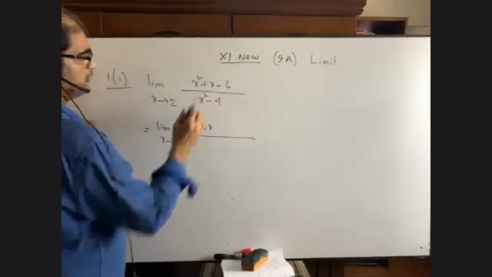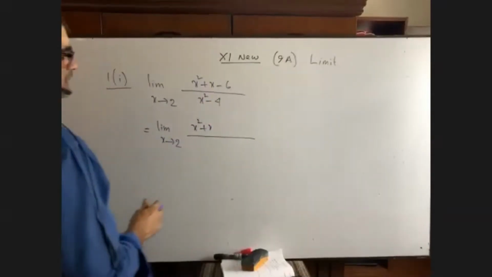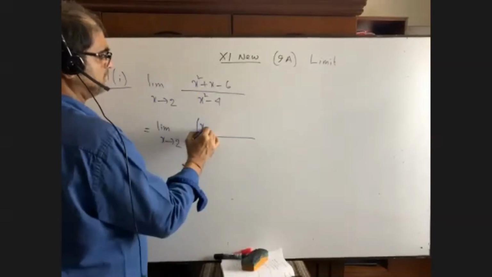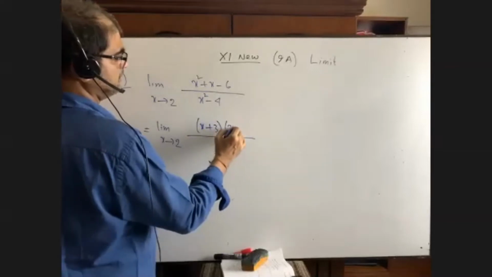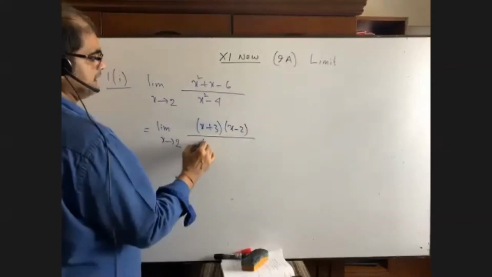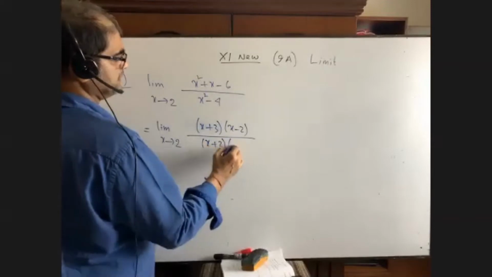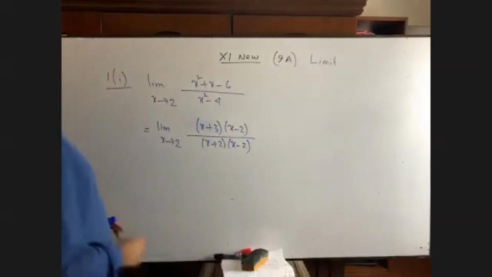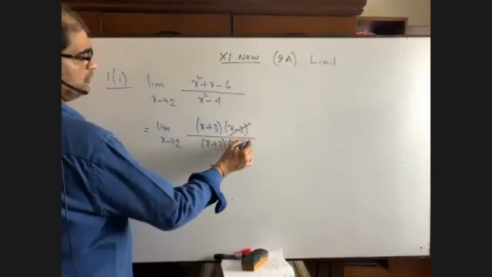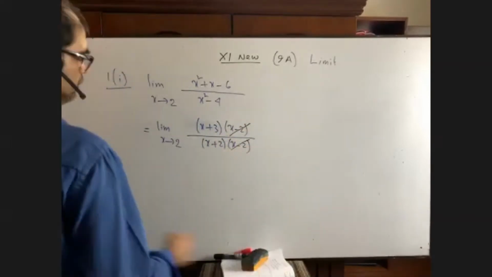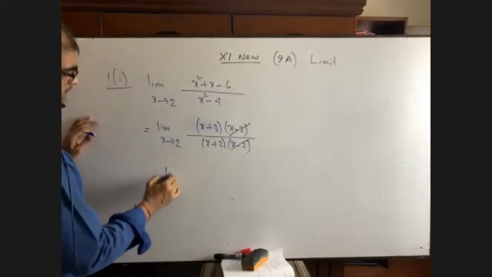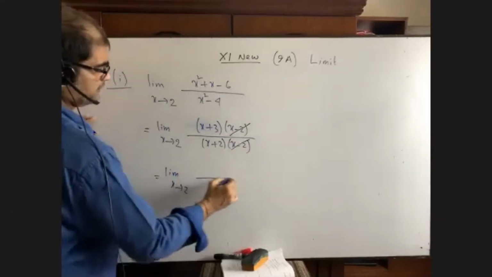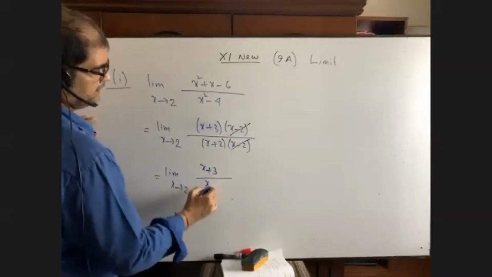Here we can factorize, we can resolve into factors. The numerator will be x plus 3 and x minus 2, and in the denominator x plus 2 and x minus 2. Have you seen? So this and this can be omitted, and we are left with x tends to 2, x plus 3 by x plus 2.